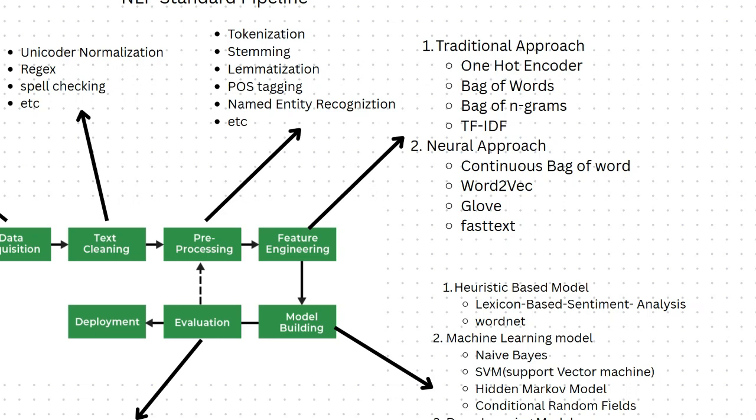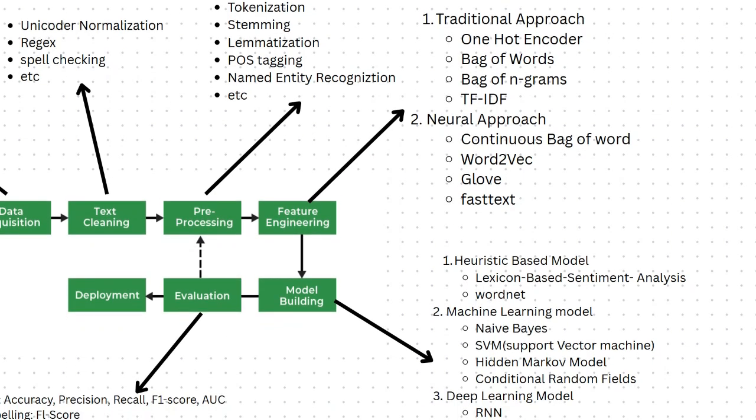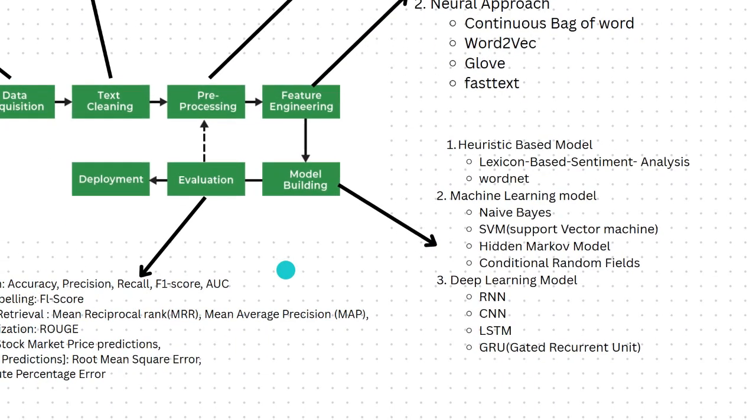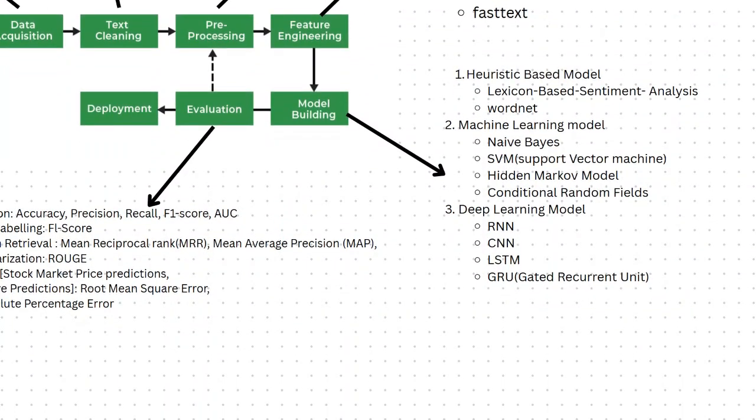After vectorization of our input, the next step is to build the model. In building the model we have three different types of approaches. One is the heuristic based model, where we use lexicon based sentiment analysis or WordNet as an example. Then we have machine learning models.